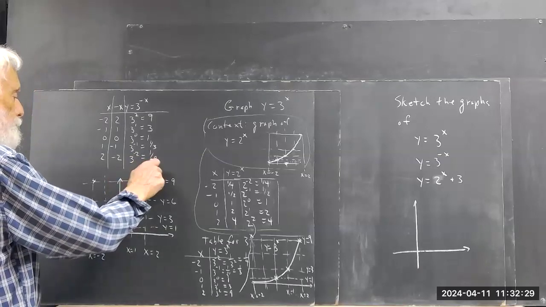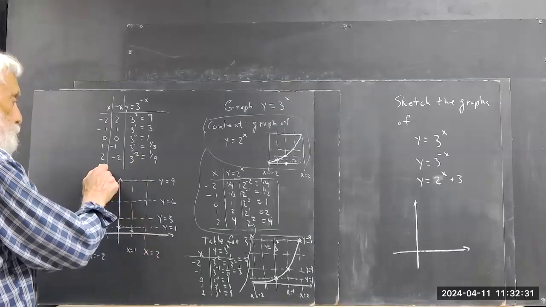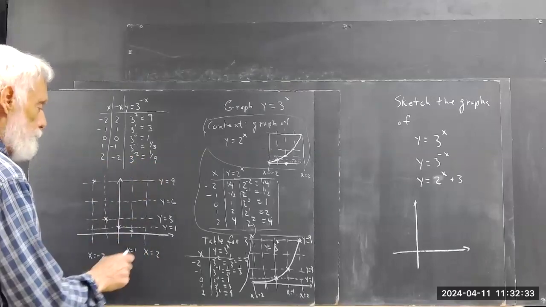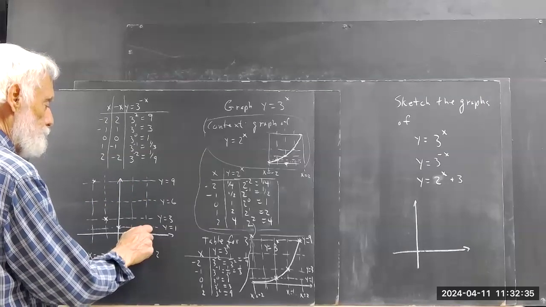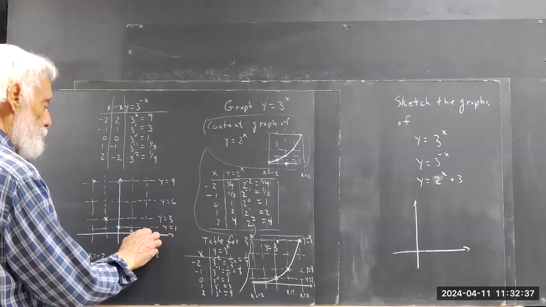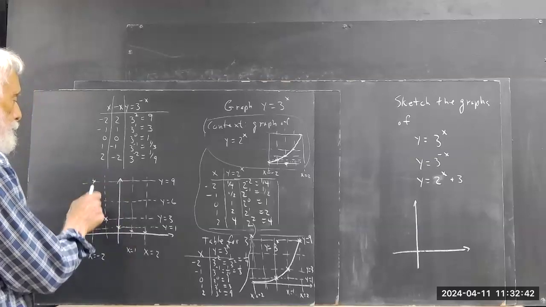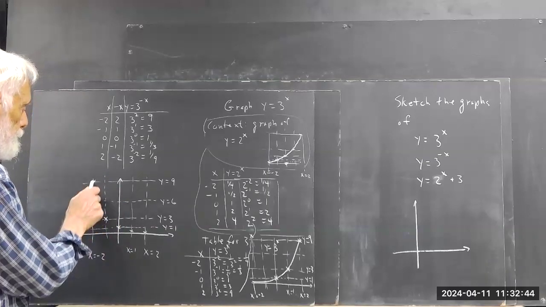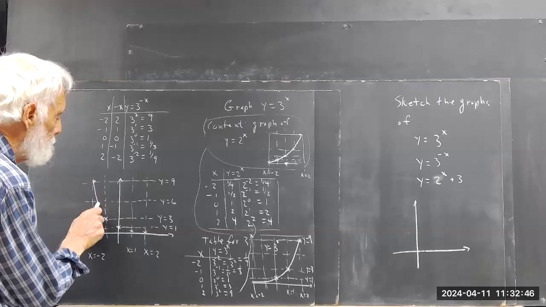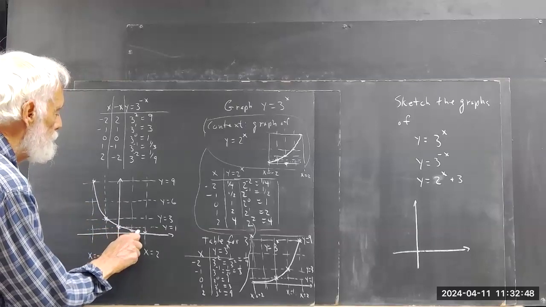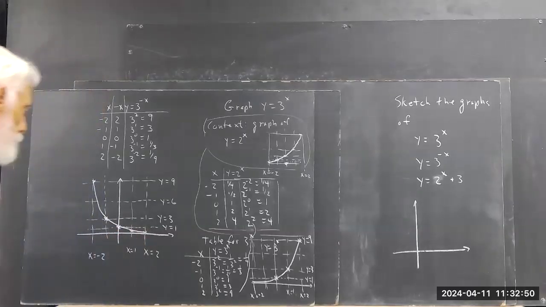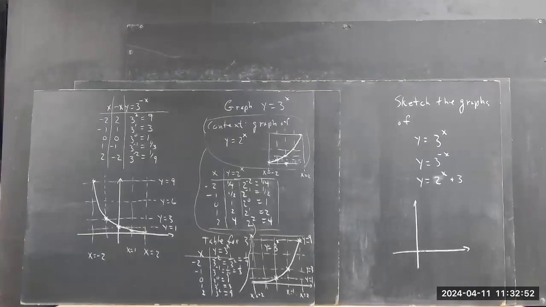And 3 to the -2 is 1/9, so when x equals 2, y equals 1/9. It's going to be 9 times as close to the x-axis as y equals 1, which is going to be down here practically on the x-axis, but not exactly. And we're going to have then a curve that looks like this.